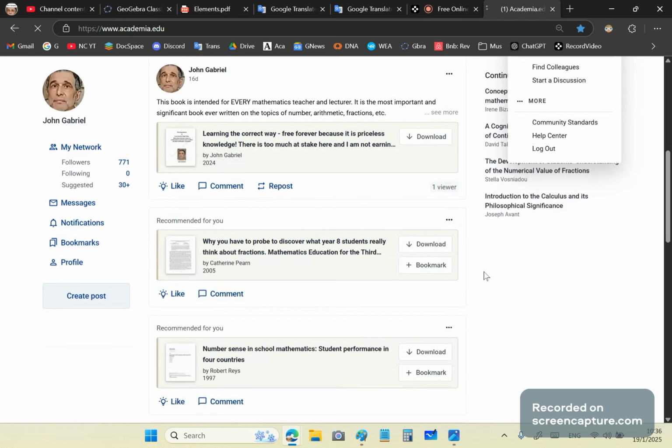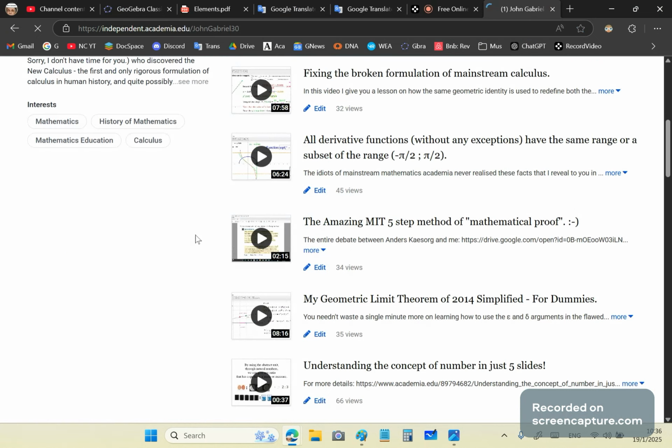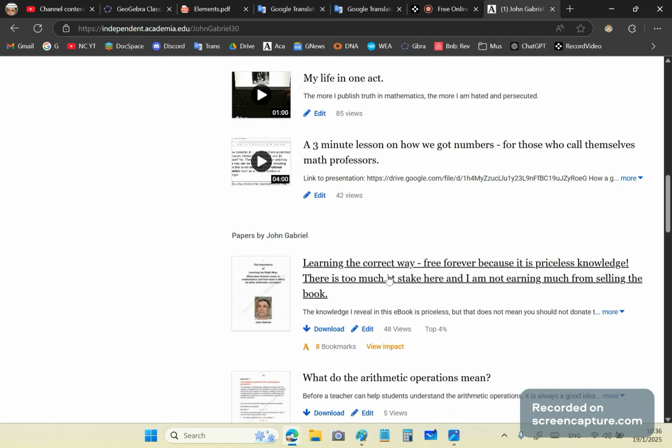I'll place a link to it again in the details section. Here it is. It says Learning the Correct Way, and it's free forever because it's process knowledge. It explains that division is the primary measure of everything. Of course, it's based on two prior operations, difference and addition, in that order.